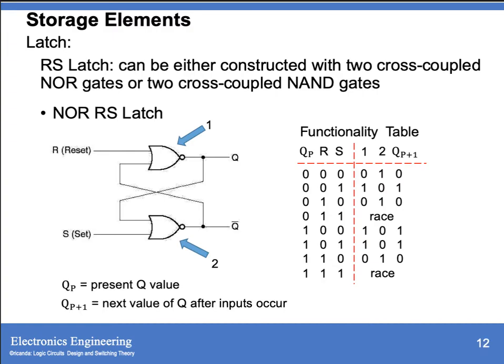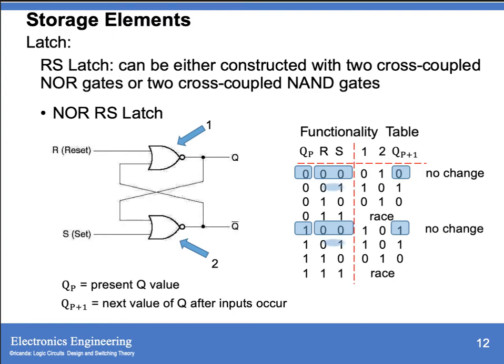So we have this input R and S which is 0, 0. And your previous output, your QP, is 0, then you have an output of 0. And if it is 1, that is no change, as you can see. And if it is 1, then you have an output of 1. That is also no change.